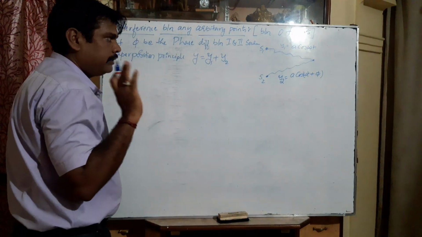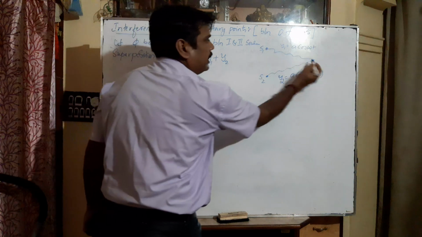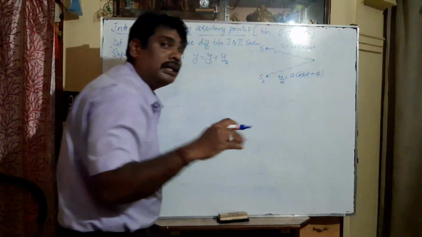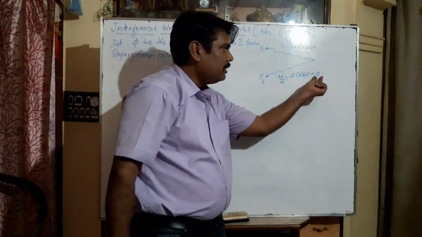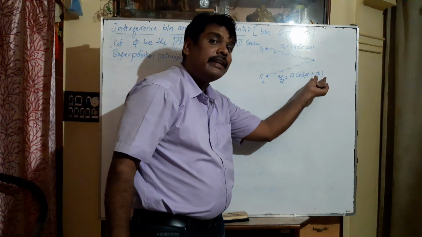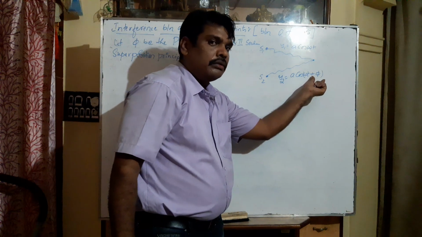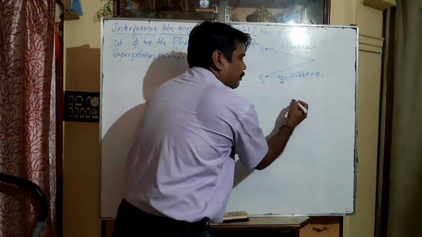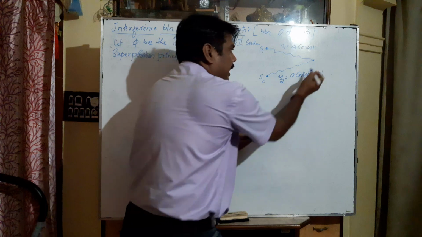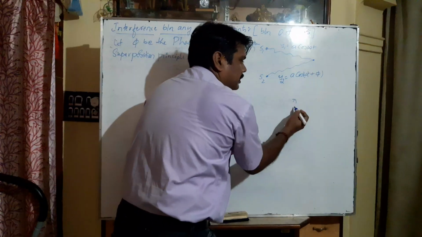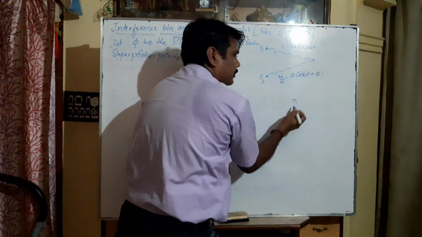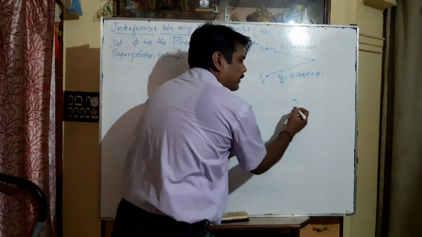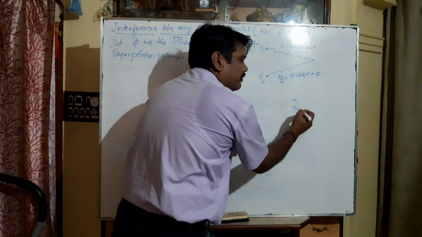So understand carefully what phase difference is. From here to here it will take a certain number of waves. From here to here it will take other than that wave. That other value, that difference, is what we call the phase difference. Suppose at this position the angle is pi. At some other point from here to here the value is other than that. So the phase may be pi plus some fractional value.